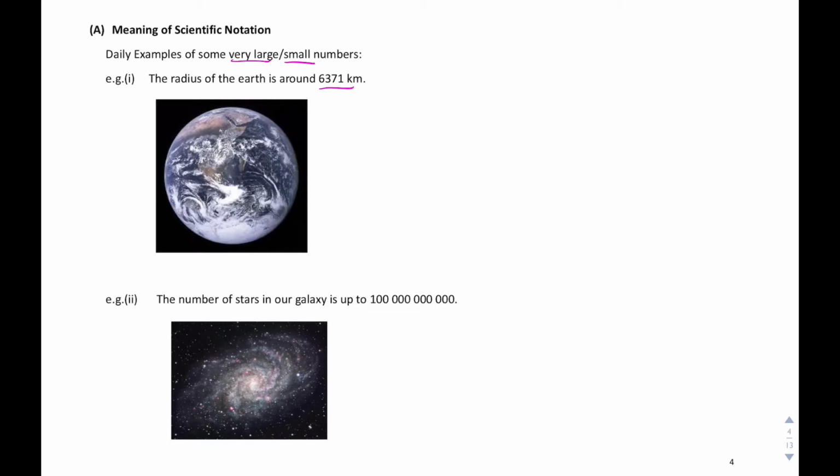For this case, this is also equal to 6,371,000 meters. And the second example, the number of stars in our galaxy is up to, okay, a very large number. And this is 100 billion.